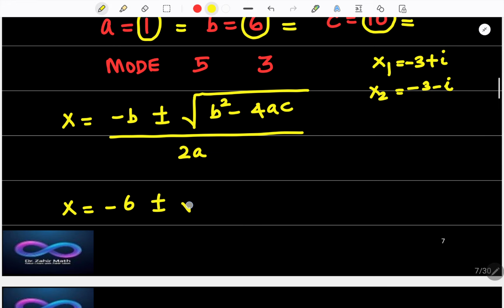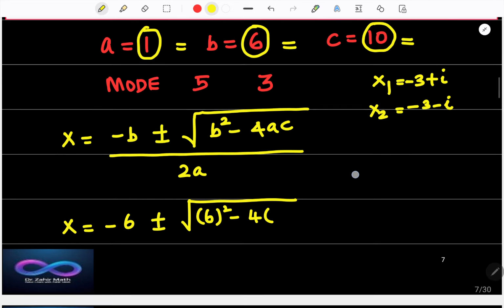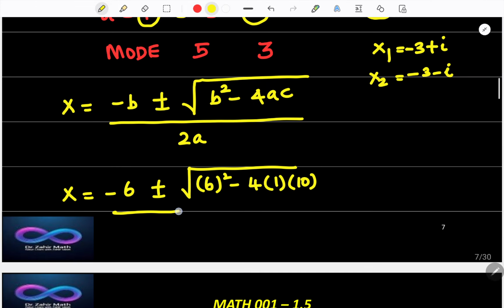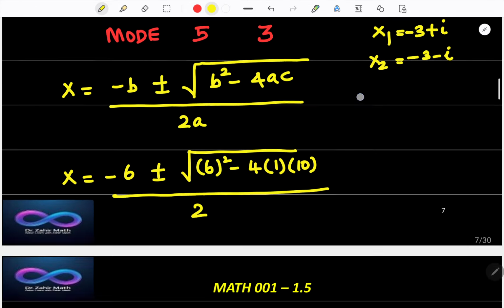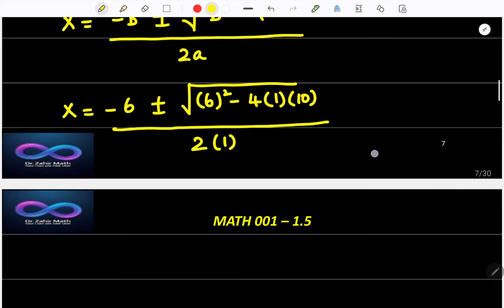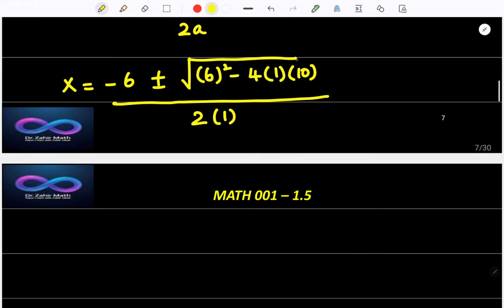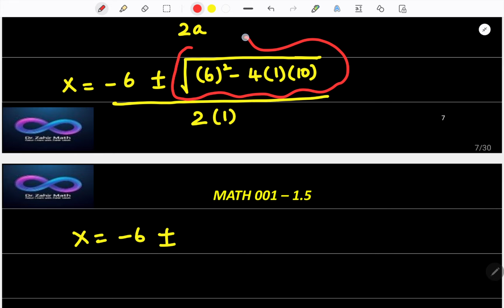Minus 6 plus or minus square root of 6 squared minus 4 times a, which is 1, and c, which is 10, divided by 2 times 1. Now you are going to put this in the calculator.